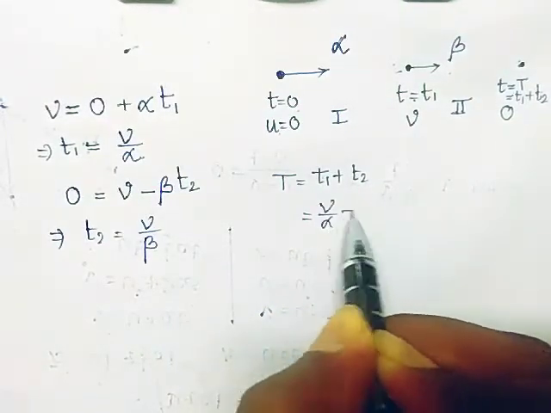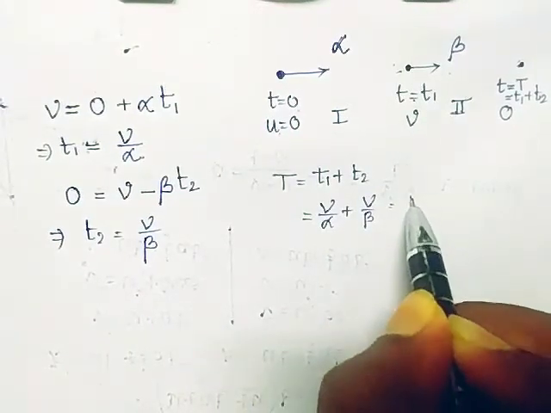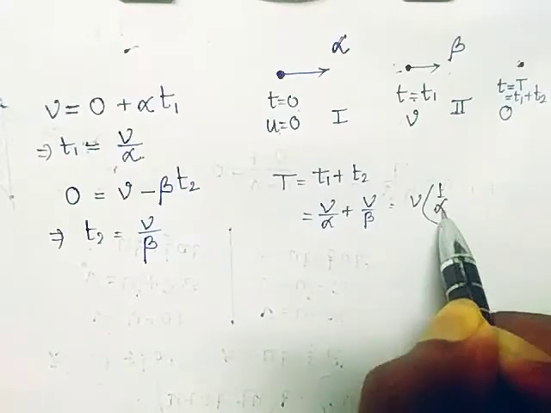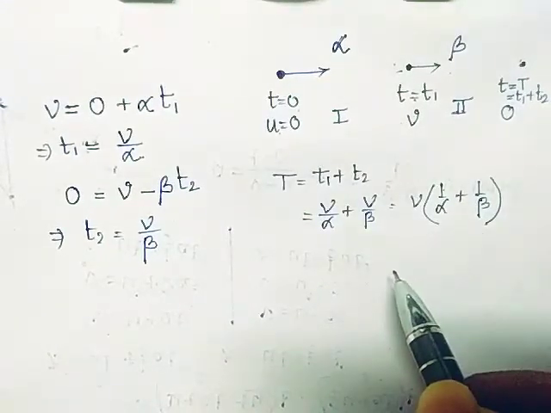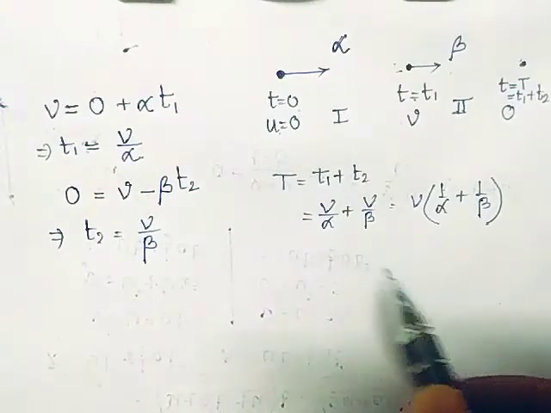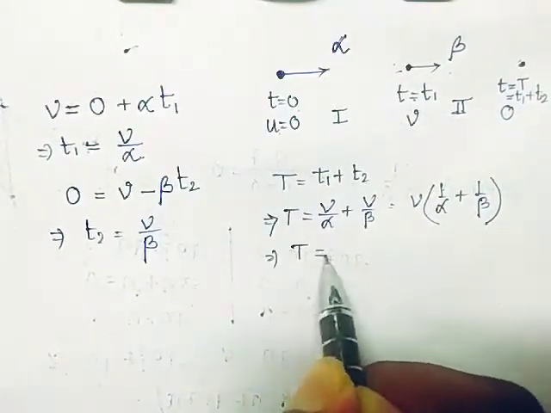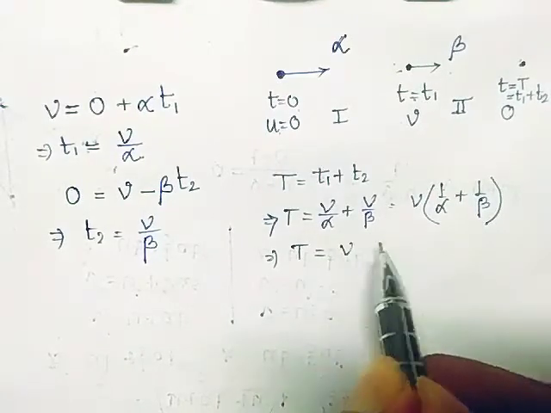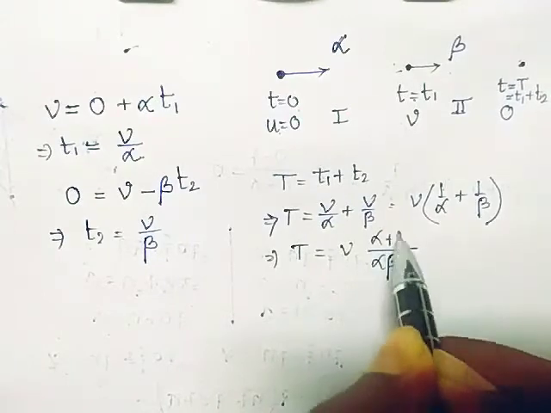T1 is V divided by alpha, and T2 is V divided by beta. So V into 1 by alpha plus 1 by beta. This is capital T. So capital T equal to V into alpha beta divided by alpha plus beta.